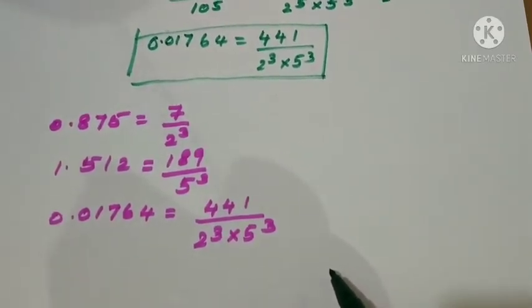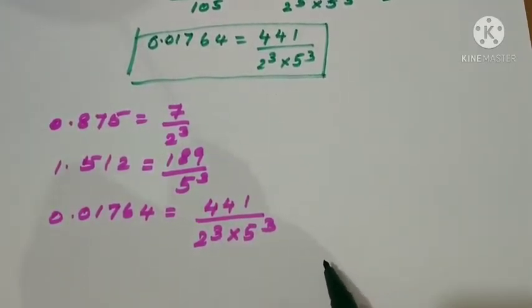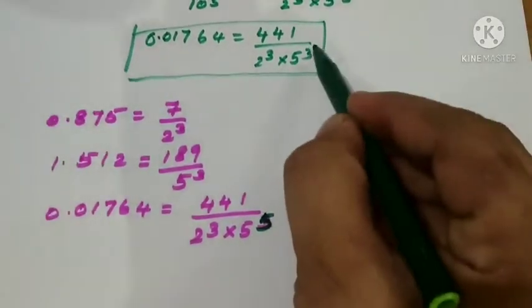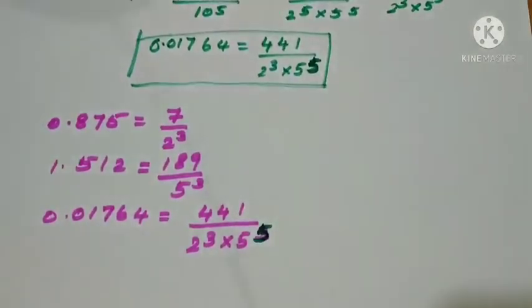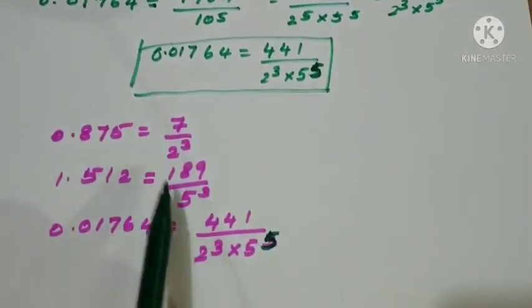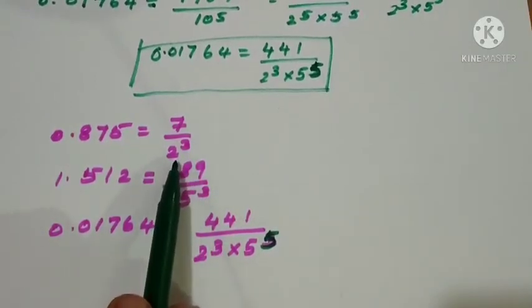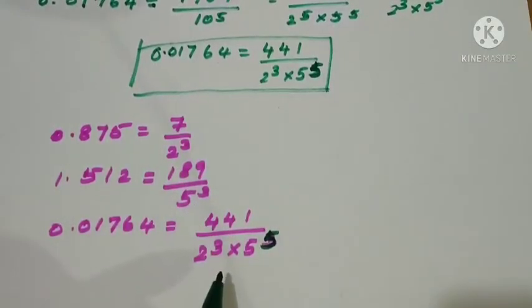So listen here what happens, we are getting the terms. Here one correction is that it is 5 raised to 5 only. So here also corrected. So all these have the denominator, if you check, in the form of either 2 or 5 raised to a power or 2 into 5 format only.